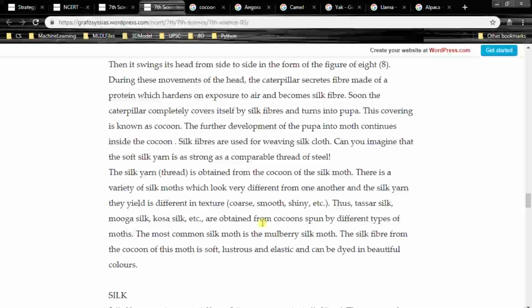The most common silk moth is the mulberry silk moth. The silk fiber from the cocoon of this moth is soft, lustrous and elastic, and can be dyed in beautiful colors. So we have to remember these different silks: tussar silk, muga silk, kosa silk, right?